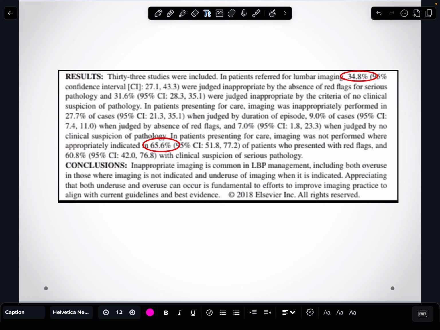So about a third. The eye-opener for me was that in patients who needed imaging because they had red flag findings, only about a third got it. So in this case, two-thirds didn't get it. I don't know if it's overutilization, underutilization, or both. But either way, it's not good.